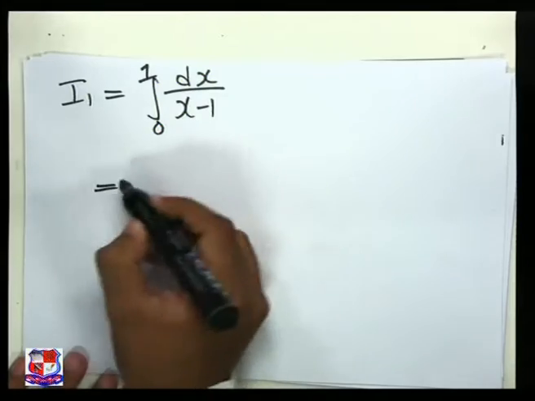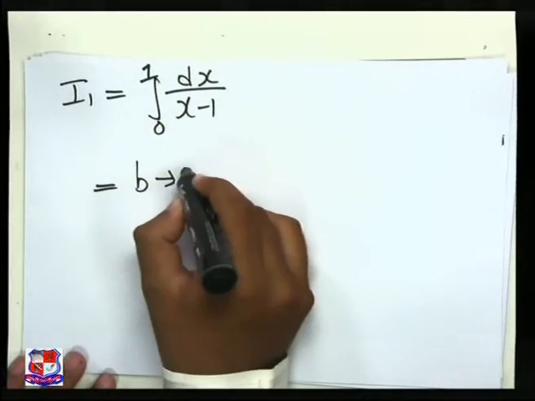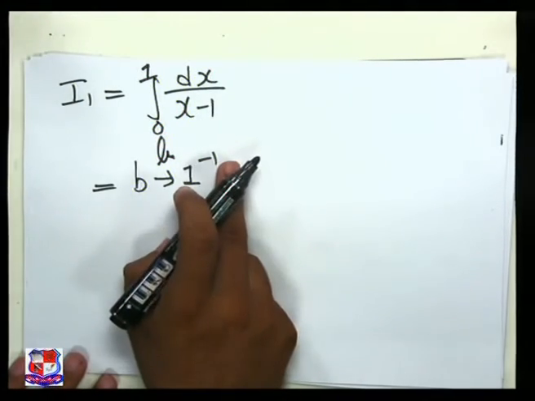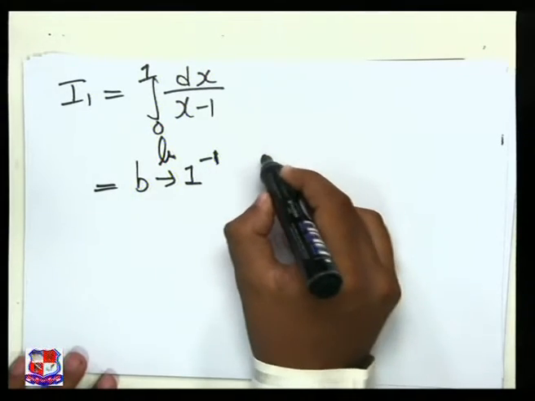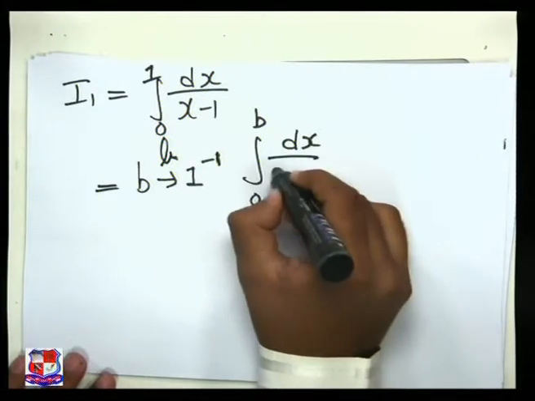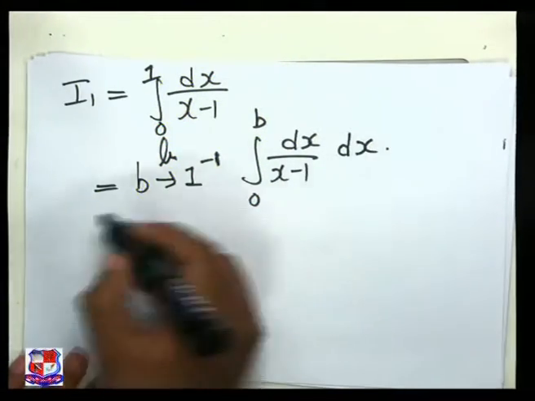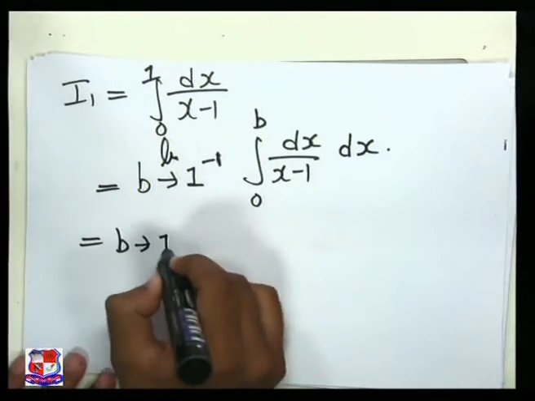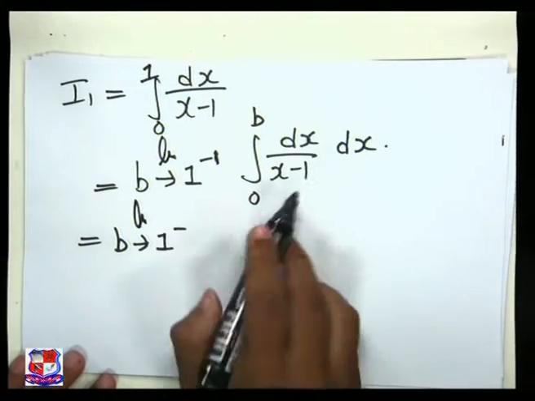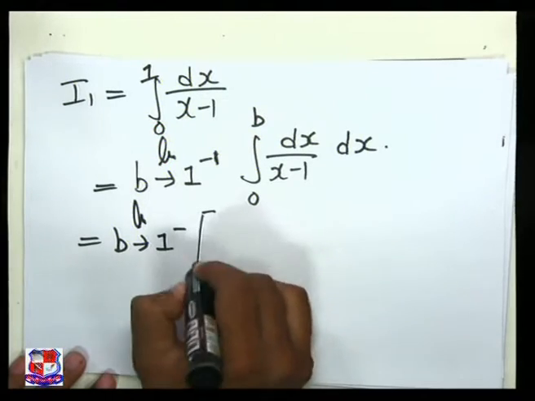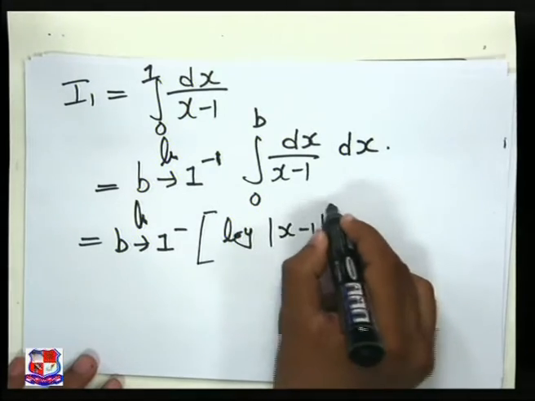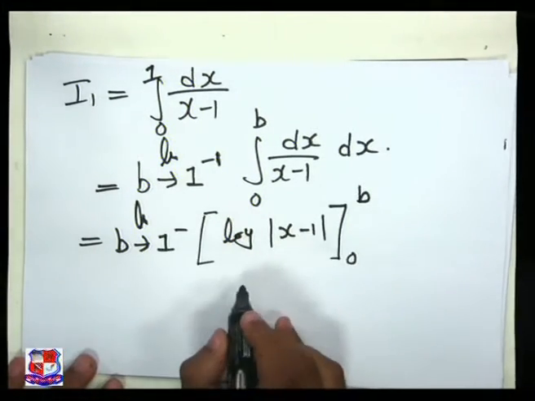Now this can be written as limit b tends to 1 minus of integration 0 to b dx upon x minus 1. Now the integration of 1 upon x minus 1 is log modulus x minus 1, from 0 to b.